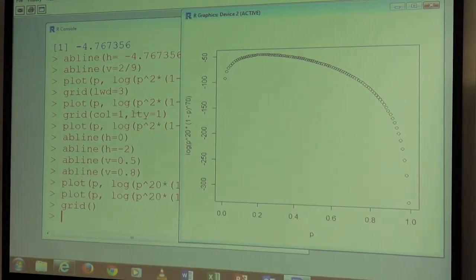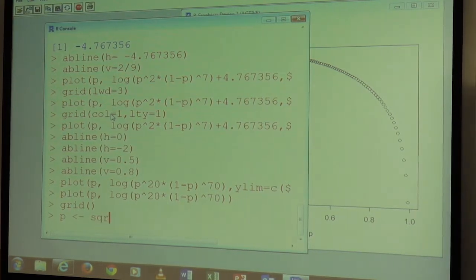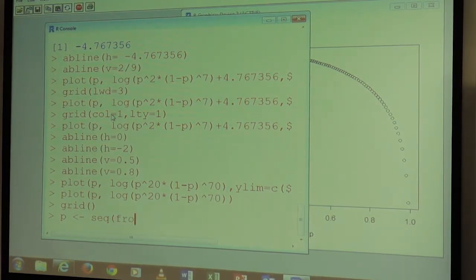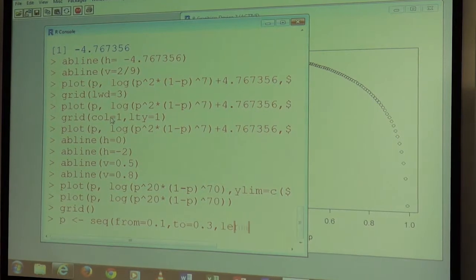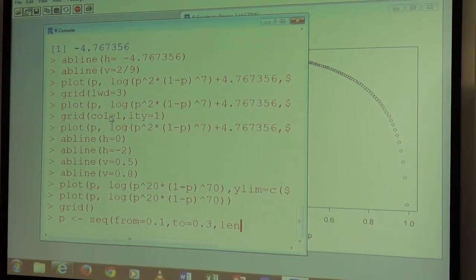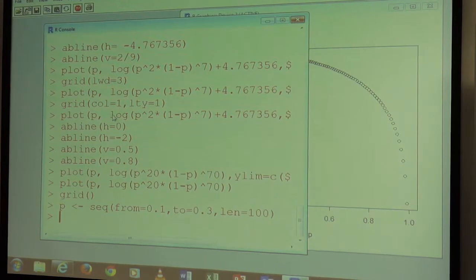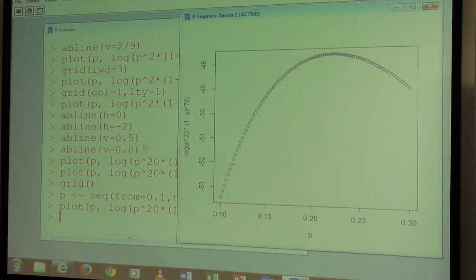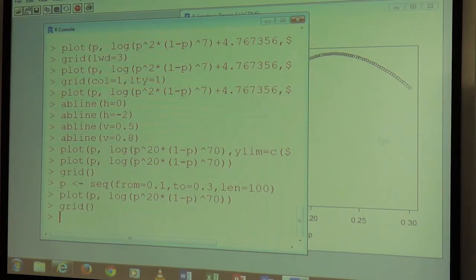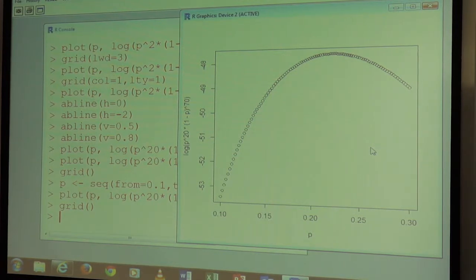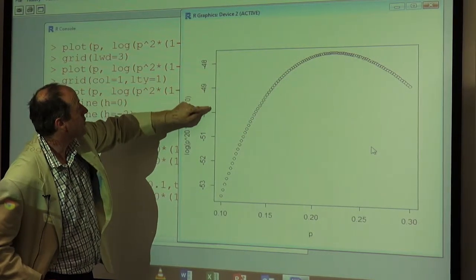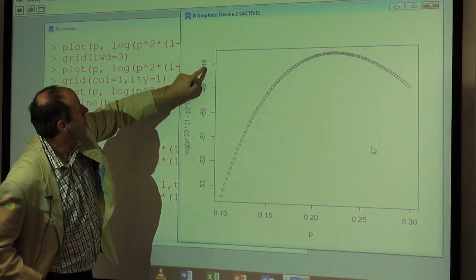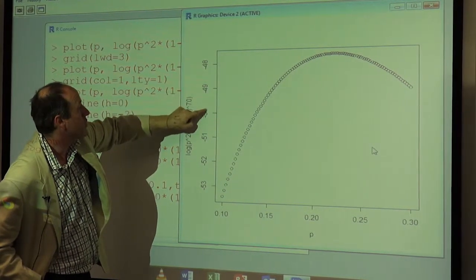So I'll just redefine P. And now I'm focusing into that interesting region here. And then I'll just plot it again. That's better. So you see it starts at about minus 4. It doesn't matter what that value is. It could be minus 100, minus 101, 102, 103.